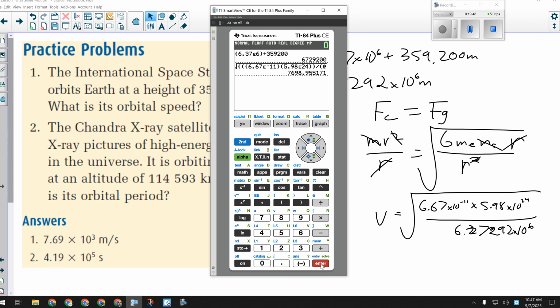For us, it should be 7.70 times 10 to the 3 meters per second. Okay, everybody all right with that? That's nearly 8 kilometers per second, which is how fast we said you'd have to go if you were near the Earth's surface in Newton's thought experiment the other day. Okay, so the International Space Station is trucking along there in outer space.